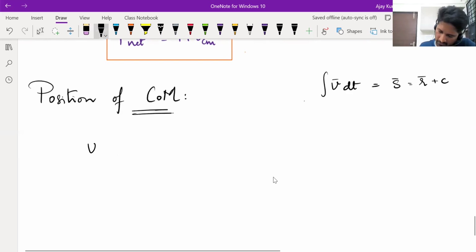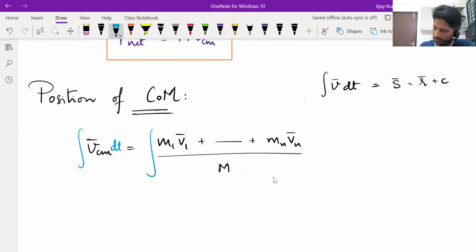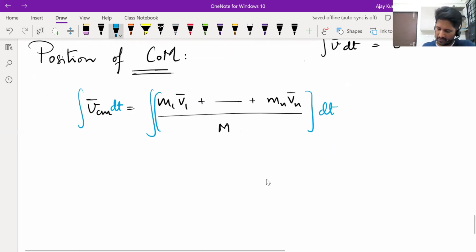We know velocity of center of mass is m1 v1 plus m2 v2 so on up to mn vn divided by the total mass of the system. Integrate both sides with respect to time. Nothing wrong in doing that. On the left hand side, you are integrating velocity of center of mass, so it becomes the position of center of mass plus some constant.